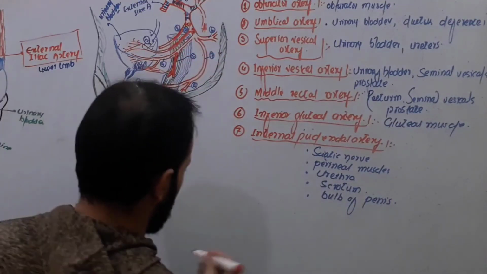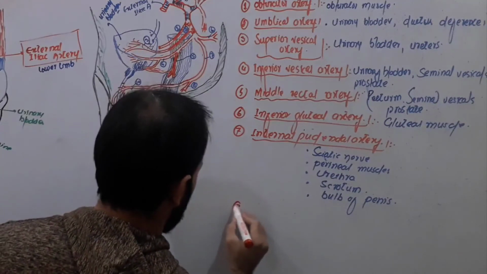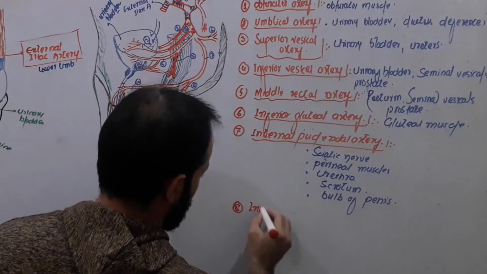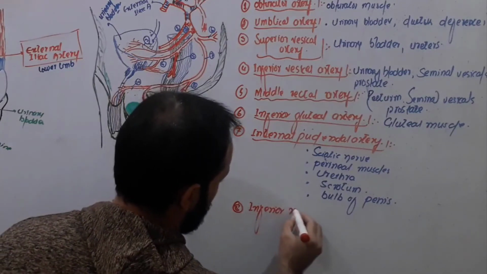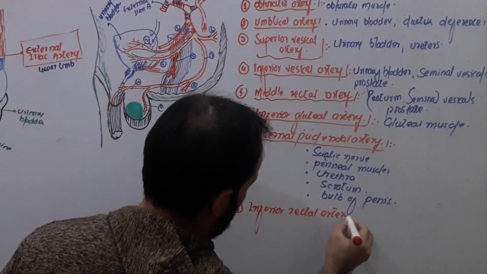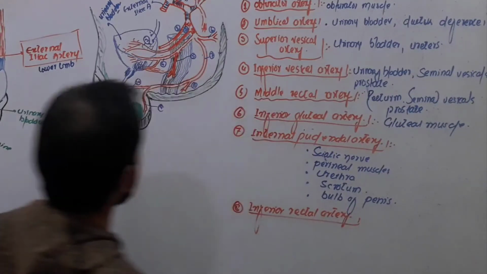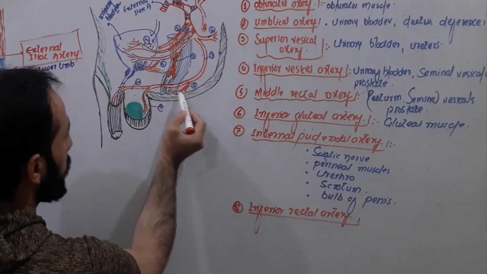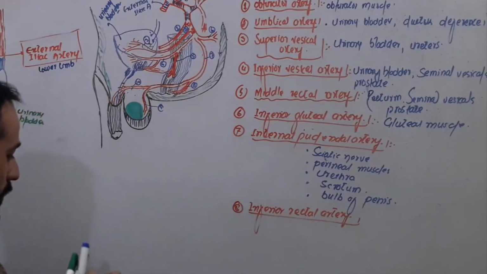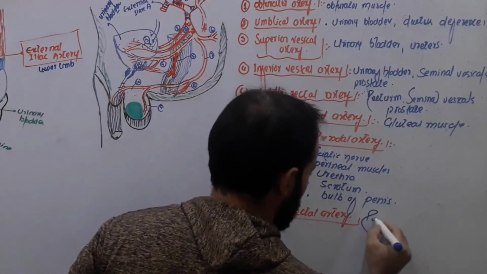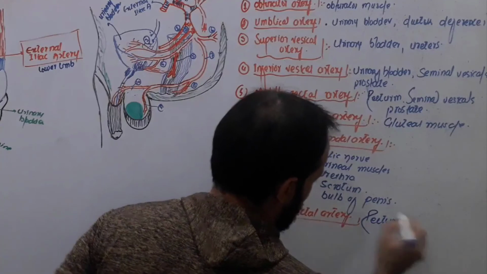Then the 8th branch, which arises from this artery, is the inferior rectal artery. Inferior rectal artery, right, friends? And this artery is responsible to supply blood to the rectum, right? So this is our inferior rectal artery. So it supplies blood to the rectum, right?